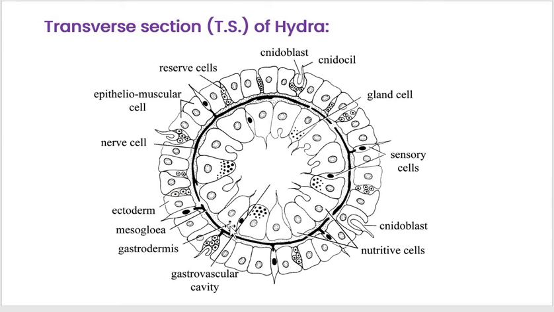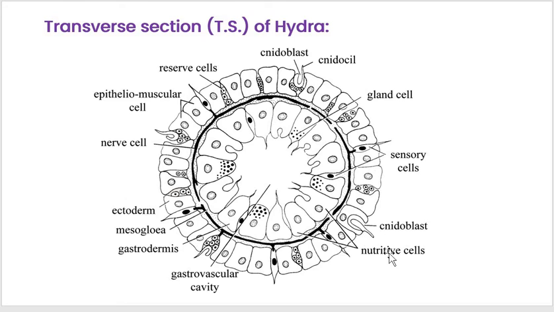What layer, what cells? Epidermis, which constitutes cells such as epitheliomuscle cells, gland cells, interstitial cells, cnidoblasts, sensory cells, nerve cells, as well as germ cells. Now here you can see cnidoblasts are there, gland cells are there, sensory cells are there.